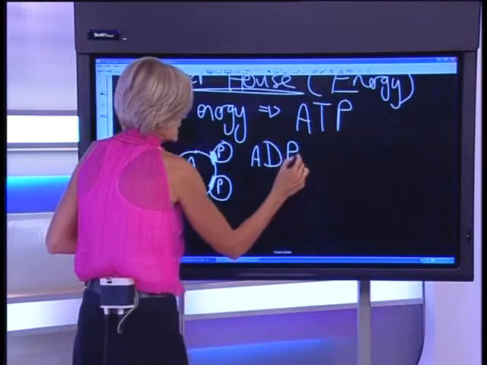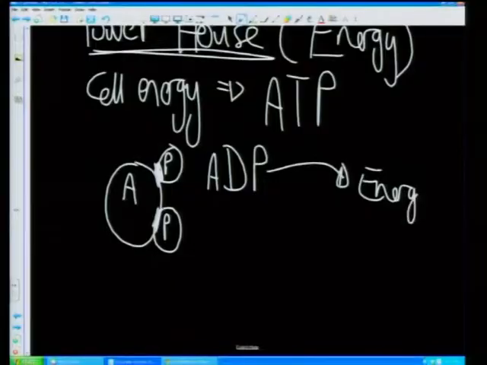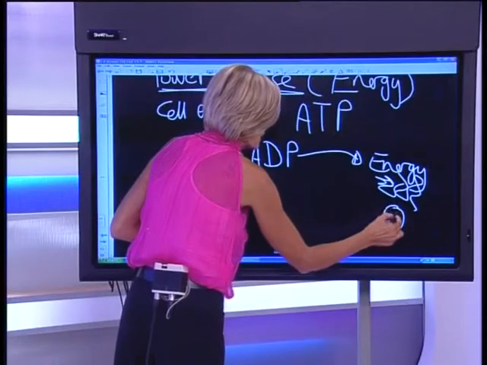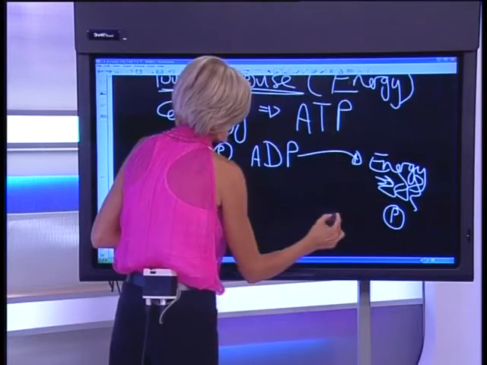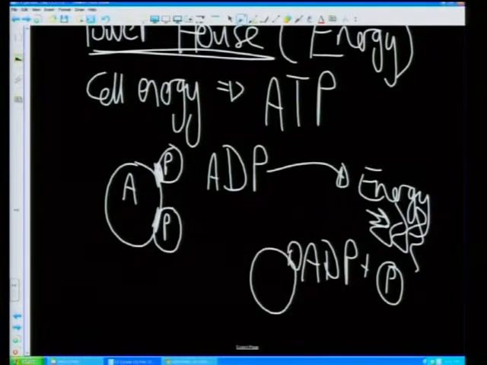So this little ADP molecule goes to where there is energy, and this energy is just going sugar. It's all over the show. So what the ADP does is it says, hold on, bring that energy, bring me a little phosphate that's floating around, and I have ADP plus that little phosphate. So now my molecule goes phosphate, phosphate, and phosphate. And it uses this energy to bond that third little phosphate.